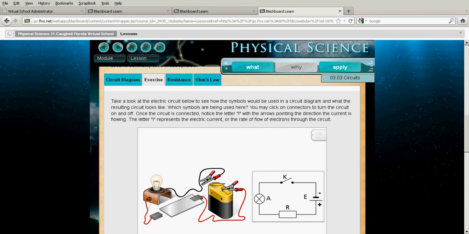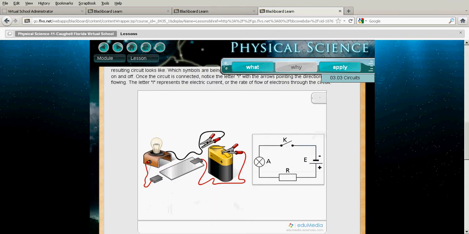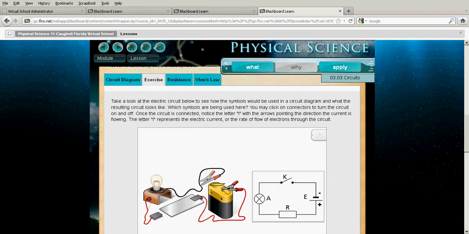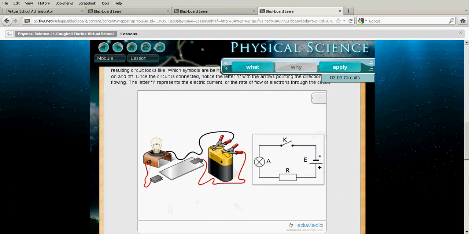The letter I represents the electric current, or the rate of flow. Okay, see, it goes from the negative into the positive.